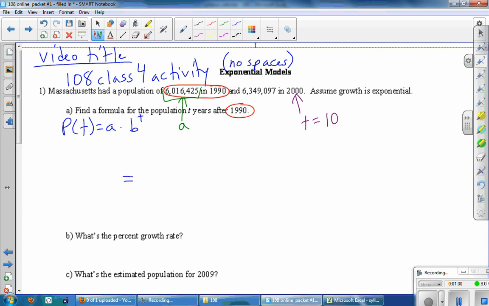So let's plug in this blue equation. I'll start with the right-hand side. A, we just found, it's given to us, is this 6 million and change, times b, which we don't know, raised to the t power. T is 10 in the year 2000. And the left-hand side is the population in the year 2000, which is that 6.3 million and change.